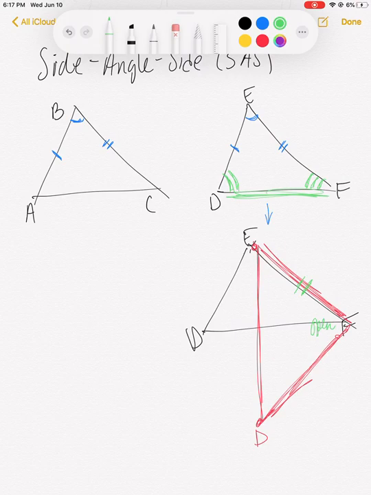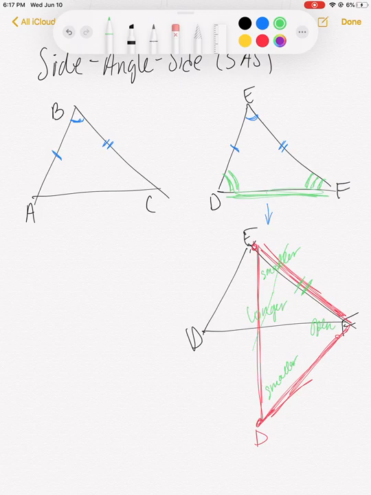But D got smaller. ED definitely got longer, and E got smaller. Okay, and so these ones cannot happen. I need that one to be the same, I need that one to be the same. It's okay if angle D got smaller, but since ED and angle E got changed, those correspondences were lost.